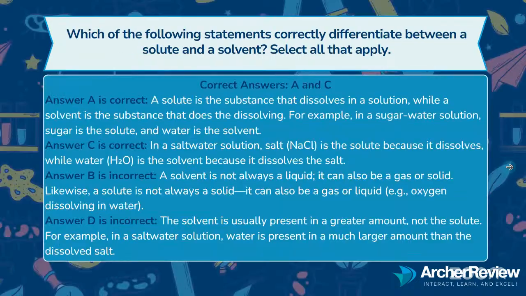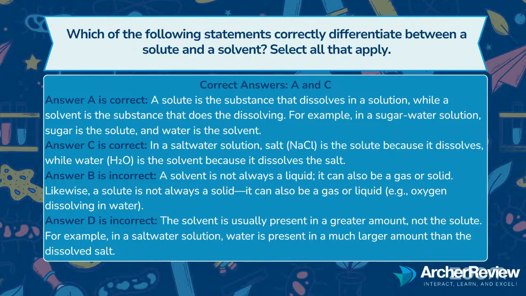Always and only have a tendency to be incorrect answers, as is the case here. While a solvent is typically a liquid, it can also be a gas or, I'm sorry, a solid. Likewise, a solute isn't always a solid. It typically is, but it isn't always. It can be a gas or a liquid.